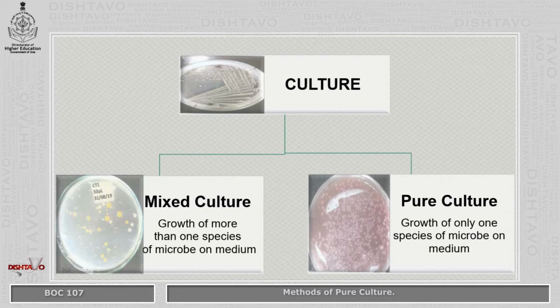Mixed culture is a culture in which there is a growth of more than one species of microorganism on media. Whereas in pure culture, there is growth of only one species of microorganism on media.